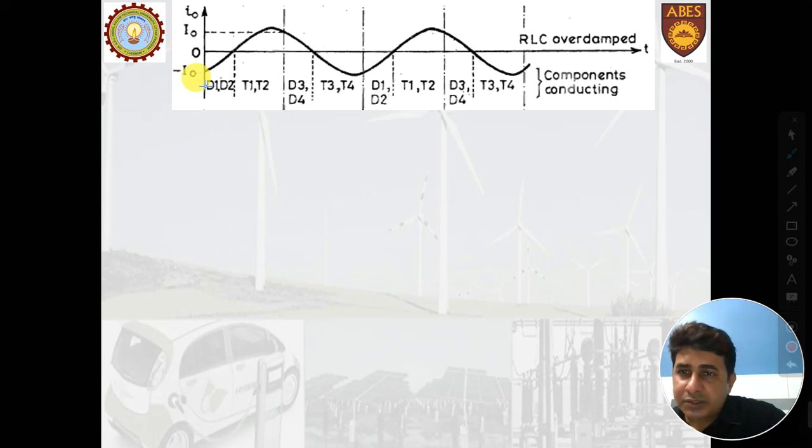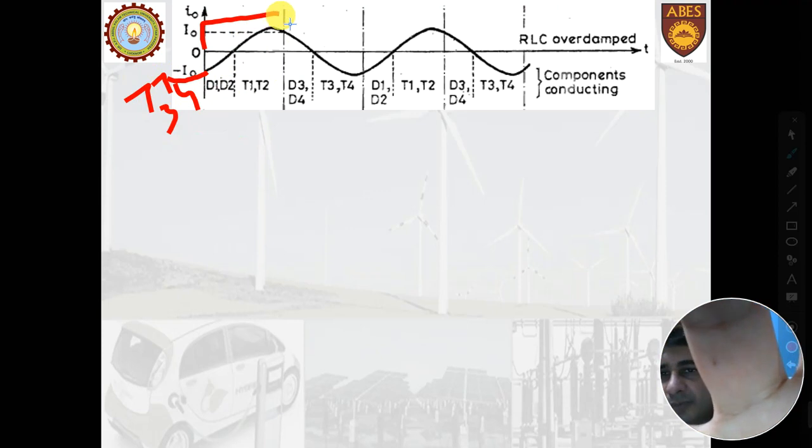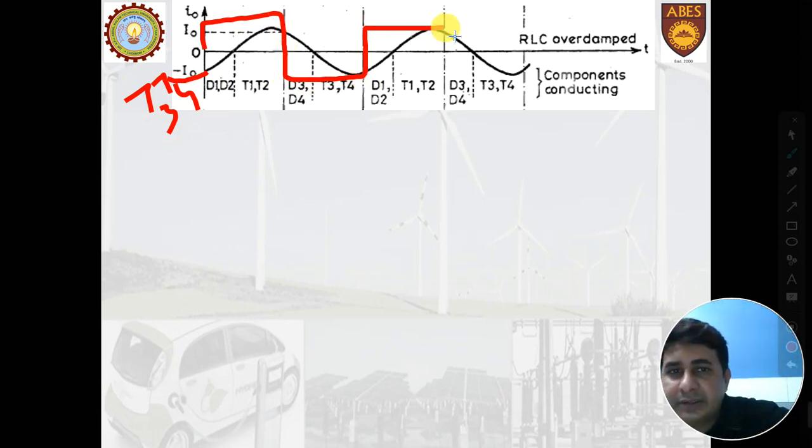The current here was delivered by T3 and T4. Sorry, I think there is some problem. Let me redraw it. This is the current waveform. Earlier, this was taken through T3 and T4. During this time, the voltage was negative. The voltage here becomes positive, and this is what the voltage is.